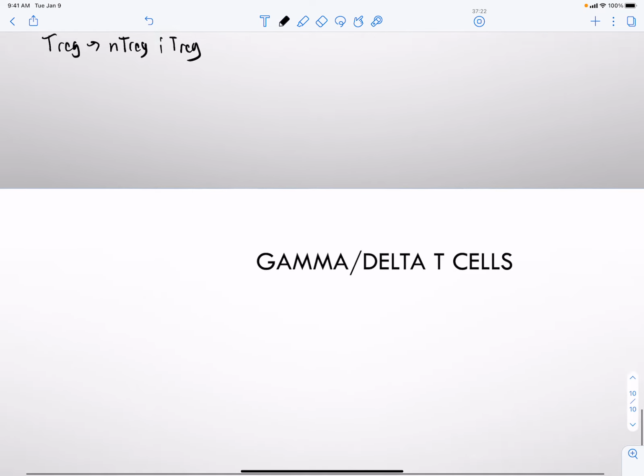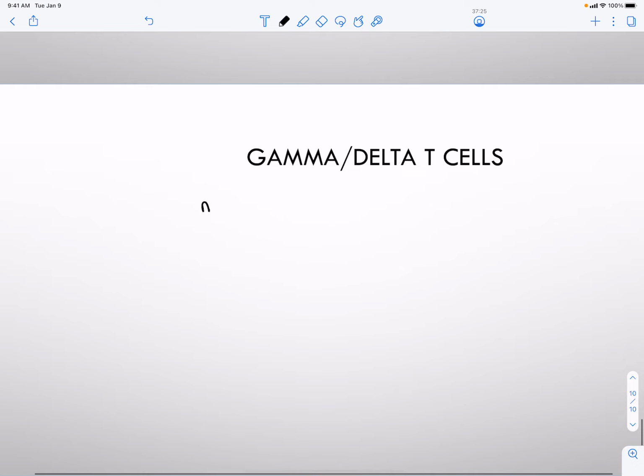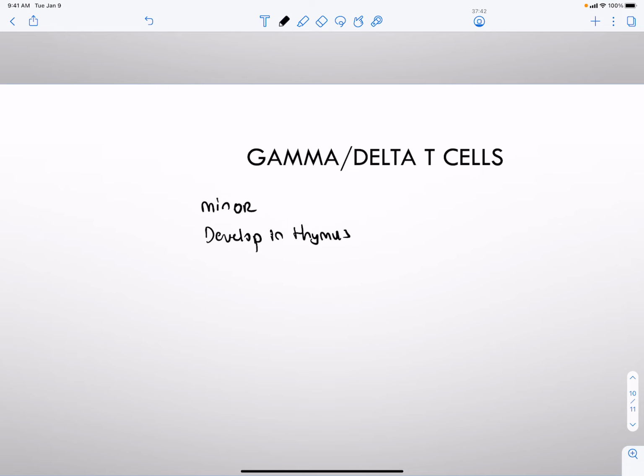And then finally we have our gamma deltas. Just a quick word, these are going to be minor. We don't really cover these too much in these first immunology courses. They develop in the thymus. They do not undergo positive or negative selection. They are innate-like.